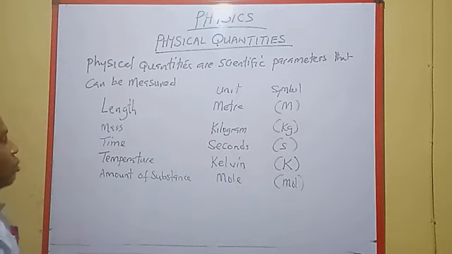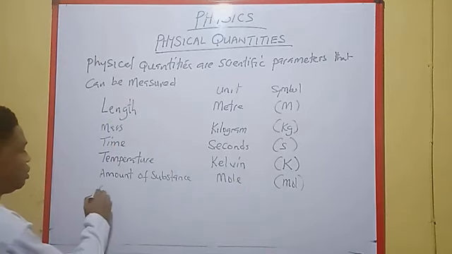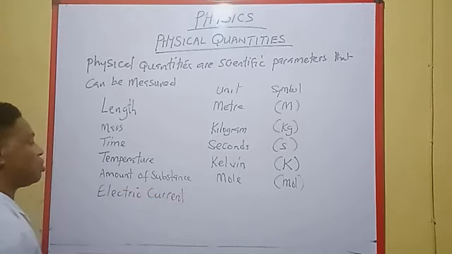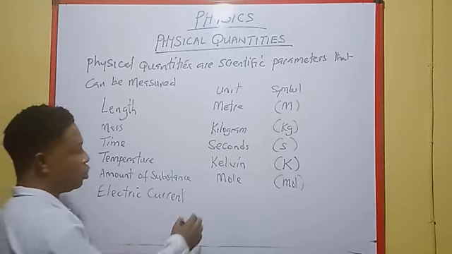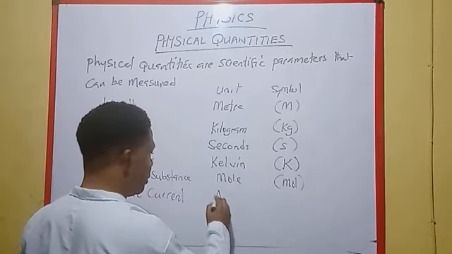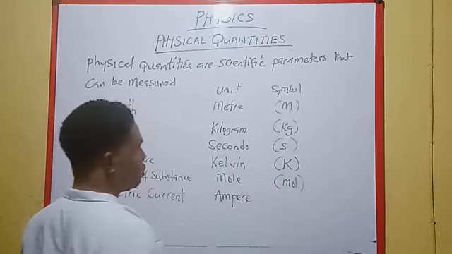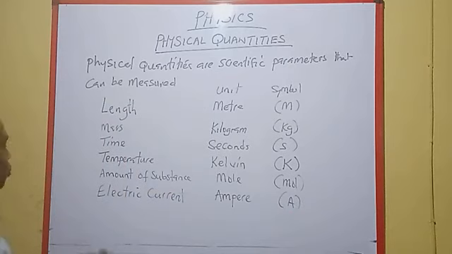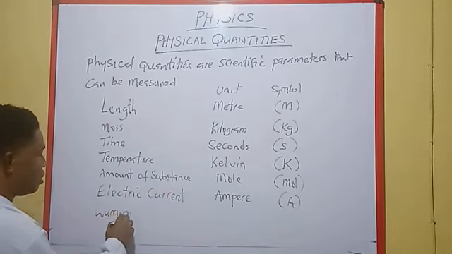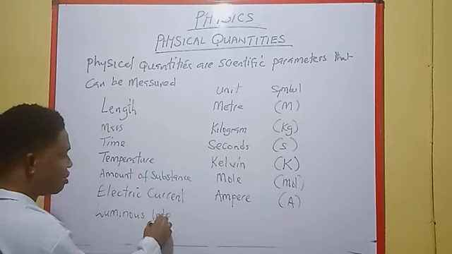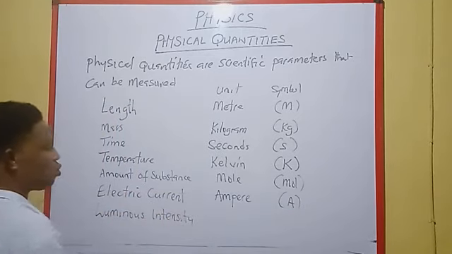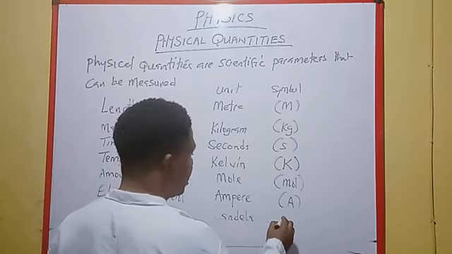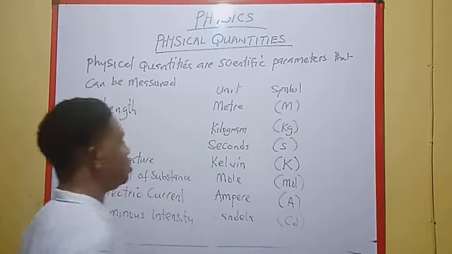We also have electric current, which is a fundamental quantity, and the unit is ampere, and the symbol is A. Also, luminous intensity is an example of a fundamental quantity, and the unit is candela, with the symbol cd.